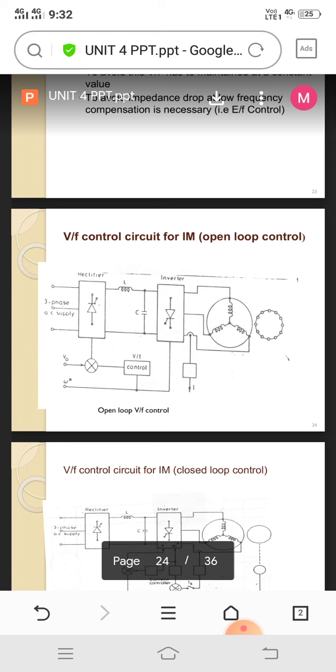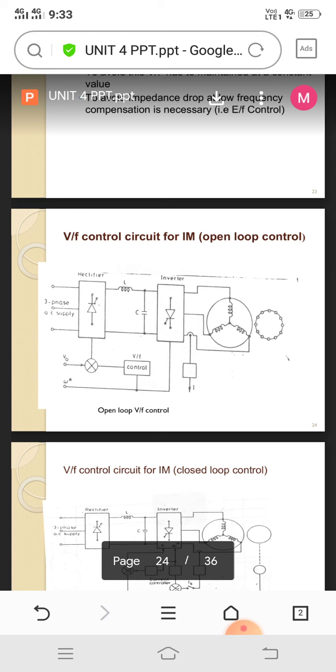After this inverter, we can get a proper, perfect three-phase AC supply. That three-phase AC supply is given to this induction motor. This induction motor connection is star to delta. So at the beginning of the starter, this drive system's inputs are injected into the star connection.